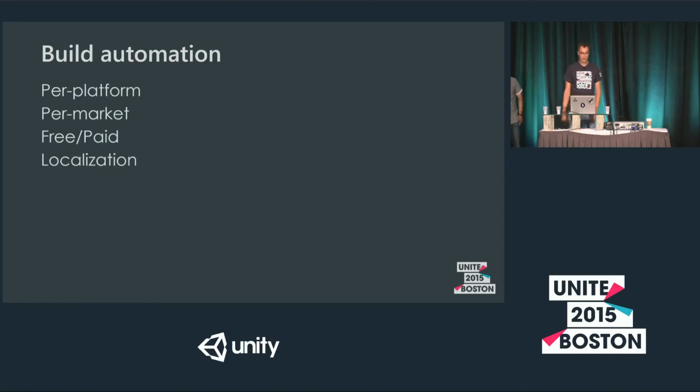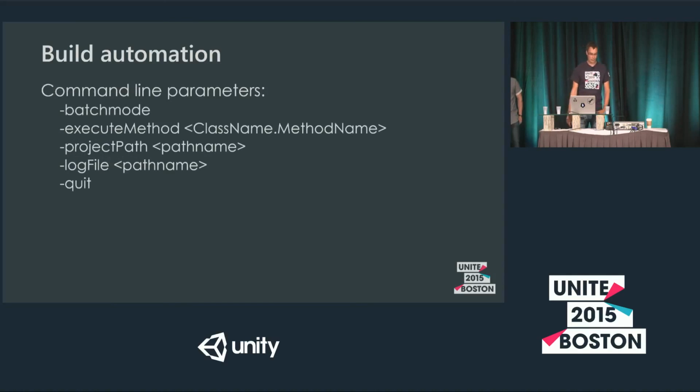One of important things that could be mentioned is build automation. So this allows you to do different things. So if you, for example, have one game which targets different platforms, different markets, you have kind of old school free paid separation, or you target some specific region and you want your game to be built for all of these different kinds of targets, you can simply do that with command line parameters or cloud build, obviously, which can be used in this case as well.